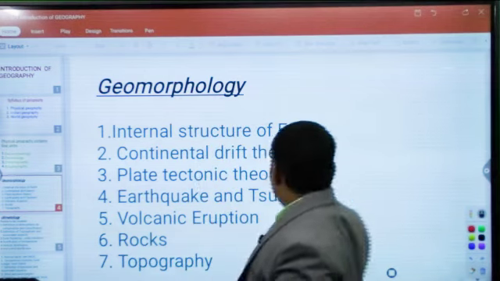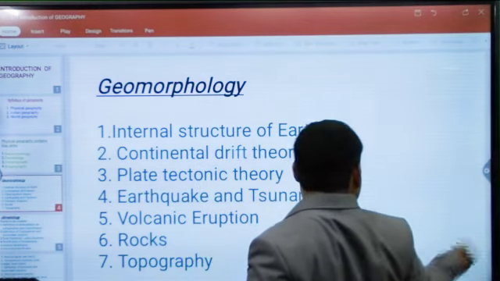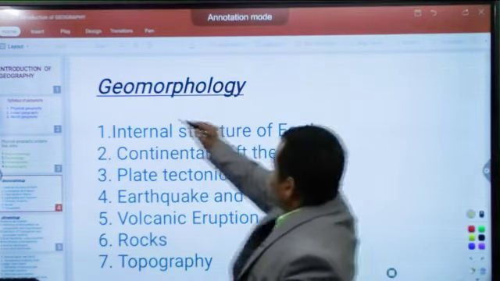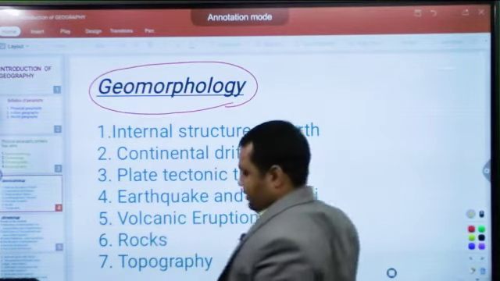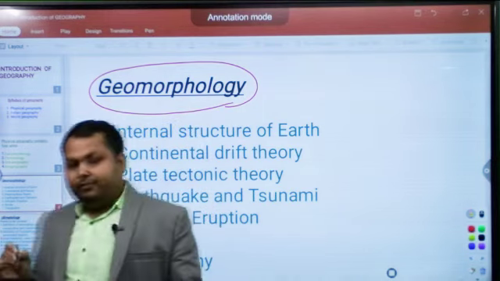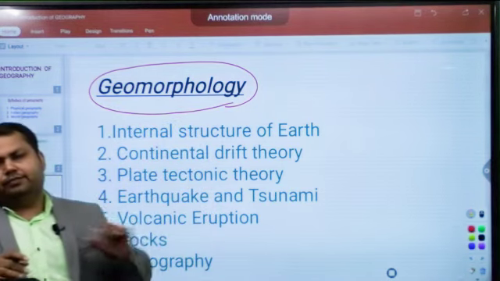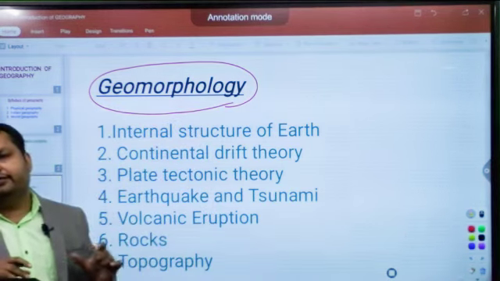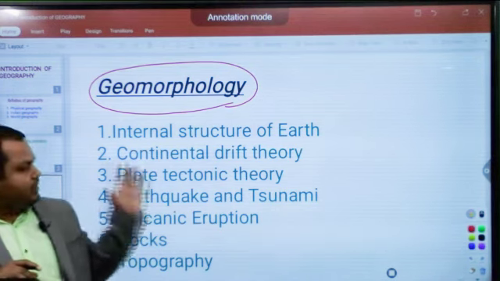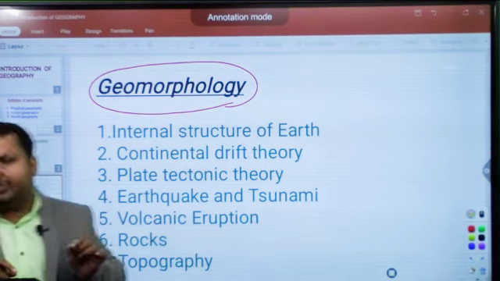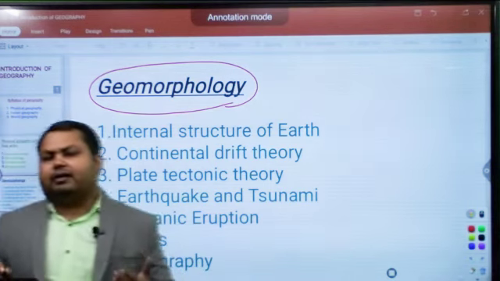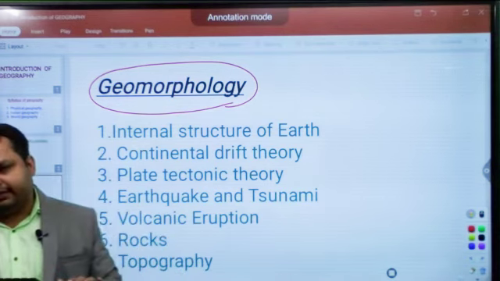The first unit, geomorphology. This unit is much more important because it is going to provide fundamental understanding for other topics like climatology as well as oceanography.